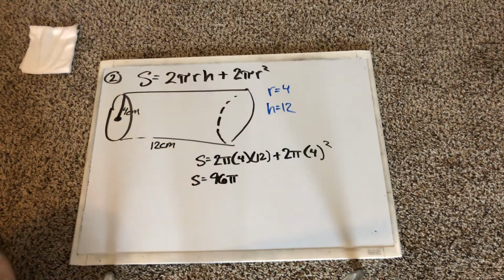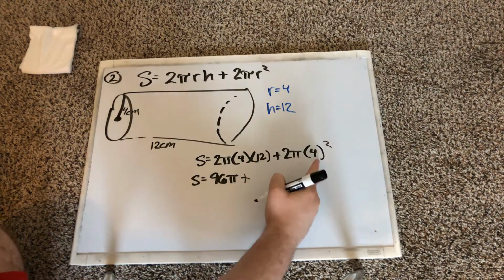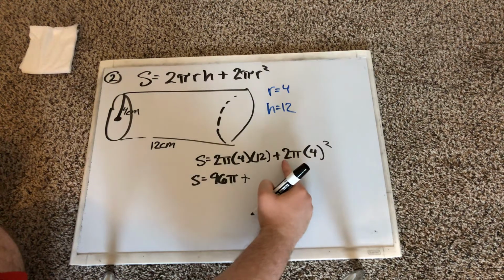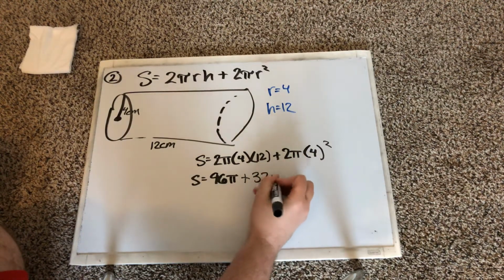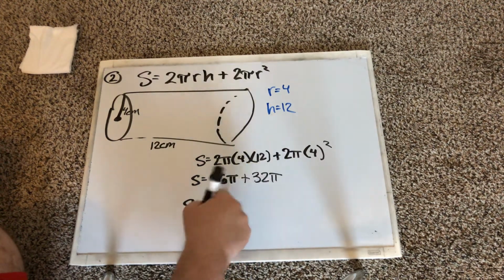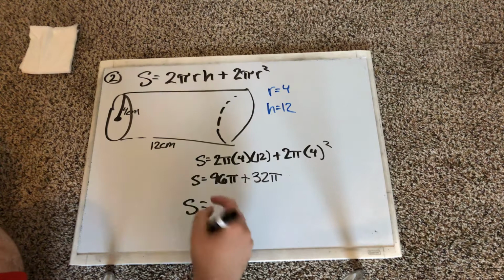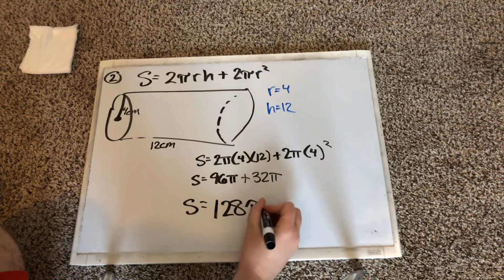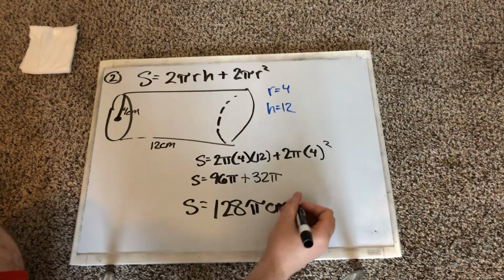Again, we want it in terms of pi. We are not using 3.14. Plus, well, 4 squared is 16. 16 times 2 is 32. So 32 pi. 96 plus 32, I can add these together because they're both in terms of pi. 128 pi centimeters squared.